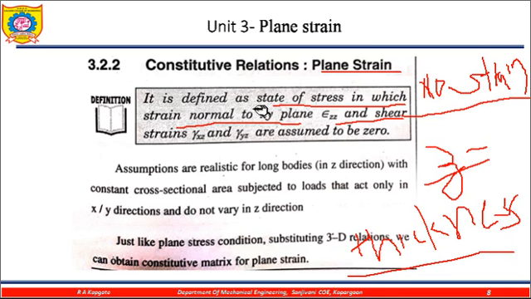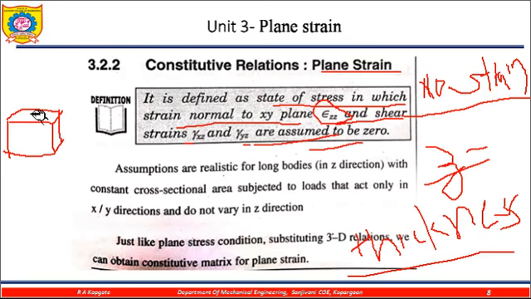It means the state of stress in which the strain normal to the xy plane, that is epsilon zz, and the shear strains, that is xz and yz, are zero. If we draw a diagram like this one, this is my cube.